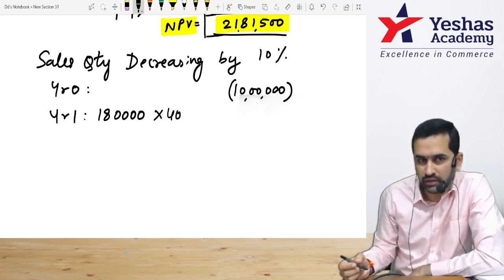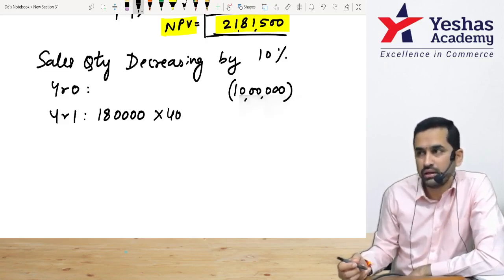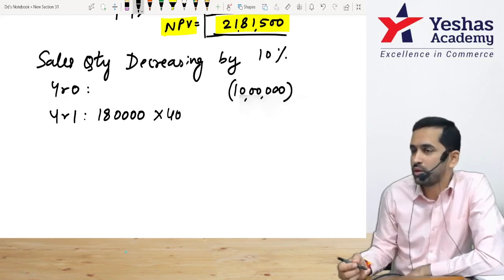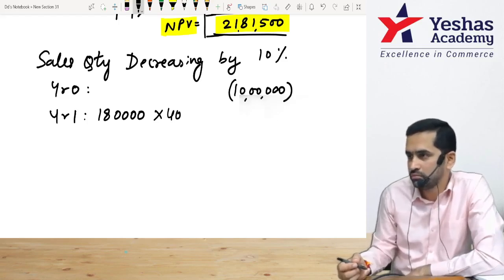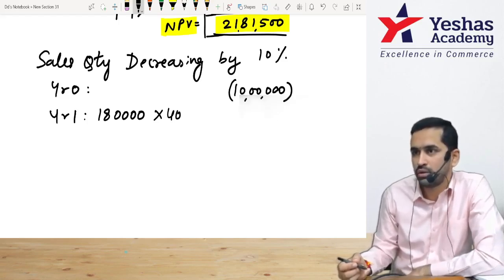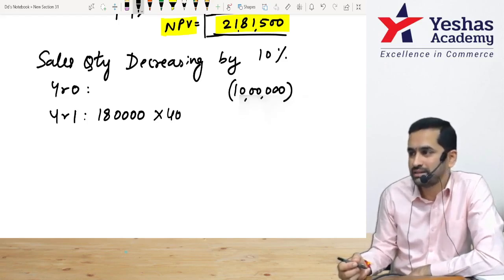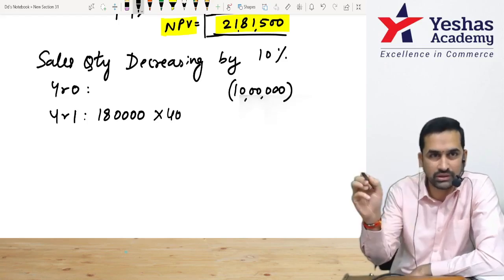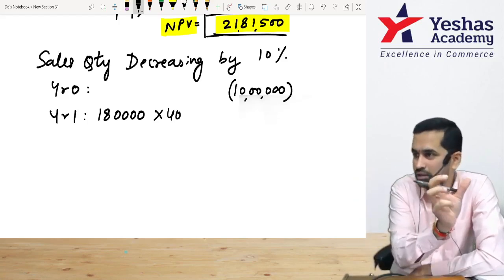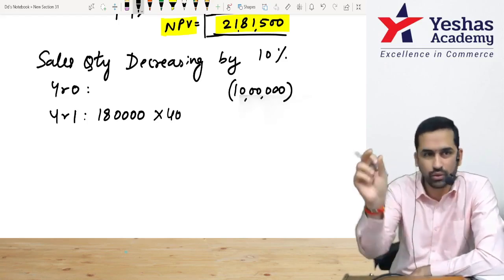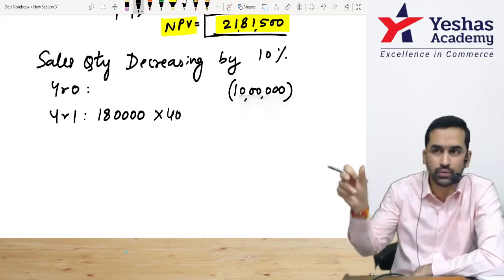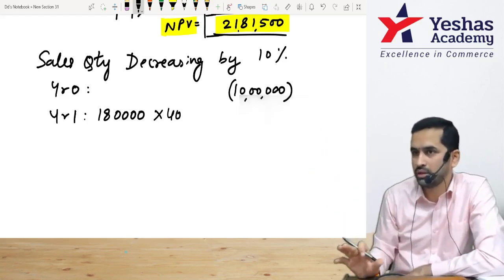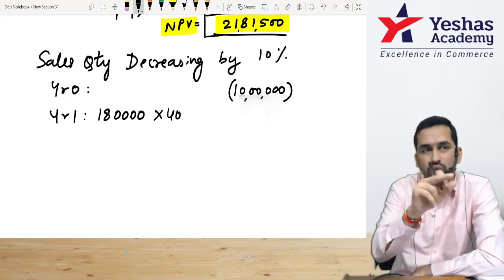Just listen for a minute. Do you remember in Inter, there was something called contribution in costing class? How do you calculate contribution? Selling price minus variable cost. Therefore, instead of showing sales separately and variable cost separately, you can directly start with contribution: 1 lakh 80,000 into 40 minus 15 rupee. Nothing wrong if you do that. But then don't write it as sales.